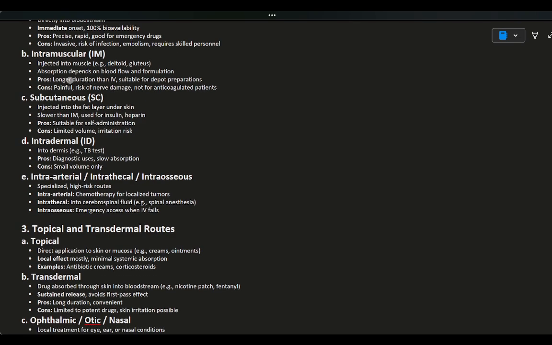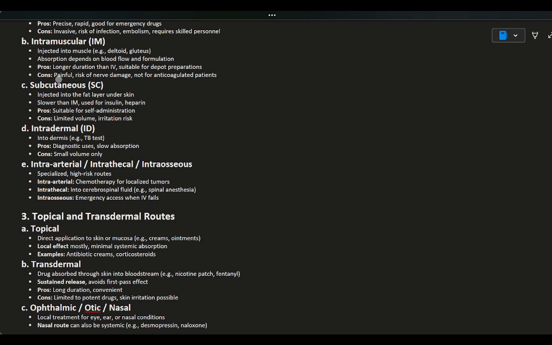The benefits of this route of drug administration is that it has longer duration than the intravenous route, and is suitable for depot preparations. On the other hand, it is painful. There is a risk of nerve damage, and it should not be used for anticoagulated patients. So always remember that.